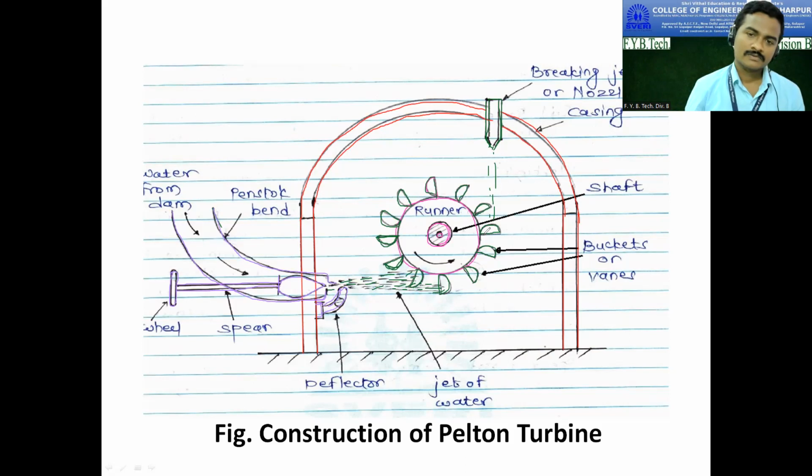Normally in the hilly section, a large amount of water is available in the dam, and you want to generate a larger amount of electricity. So you can prefer this Pelton turbine. It is the best one because it is used for high head. So the best example of a high head turbine is the Pelton turbine.